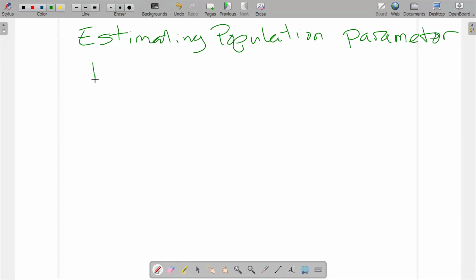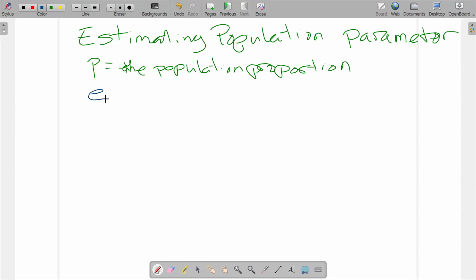So in this case, we're doing proportions, which is a kind of parameter. Mean is another kind of parameter for a population. So P is the population proportion, and I don't know what it is. I'm estimating it with the sample proportion.